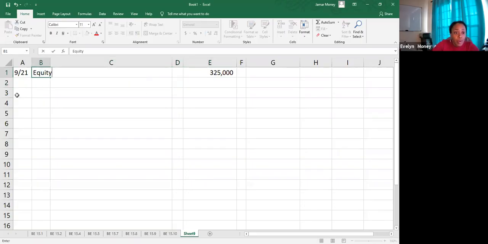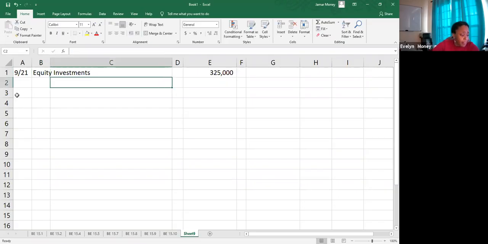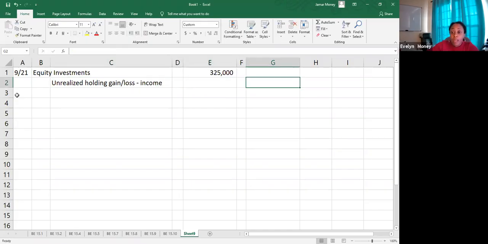So we're going to debit the equity investment, and that's just an asset. We're making it higher, because it should be 1.2 million. So we debit equity investments, and we can call it investments, for 325,000, and we credit our unrealized holding gain or loss, dash income account.